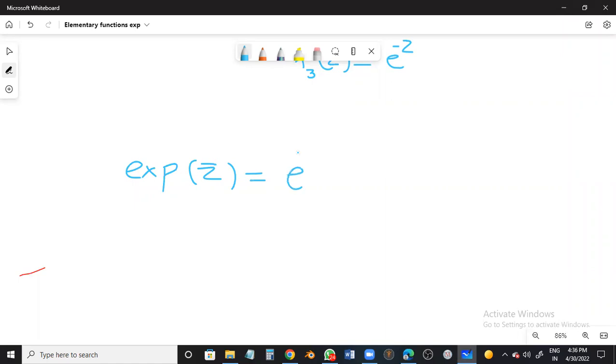You write it as e raised to x minus iy. So this is nothing but e raised to x into cos y minus i sin y. And you will show that the Cauchy-Riemann equations fail here.